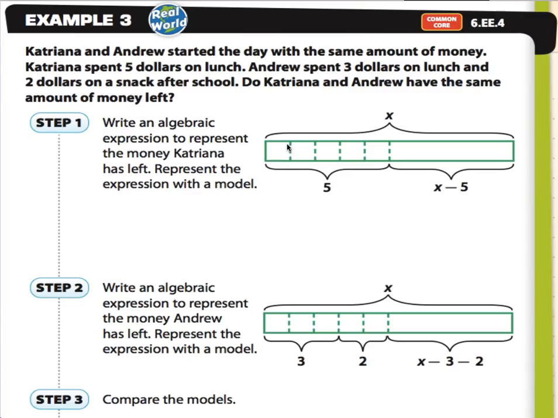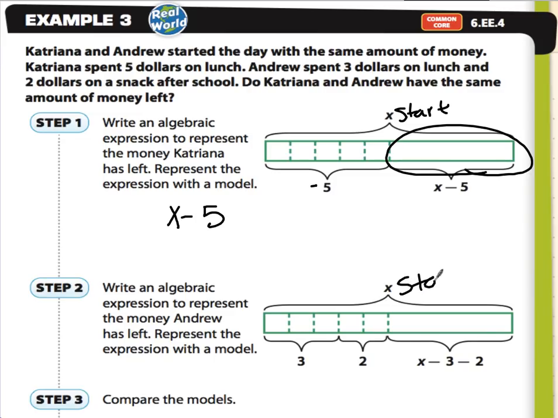So here's what happened. She had X amount of dollars, and then she spent $5. So what she had left was this X minus 5 right here. So she started with X, she subtracted the 5, so this is what she had left. Okay, so her expression would be X minus 5.